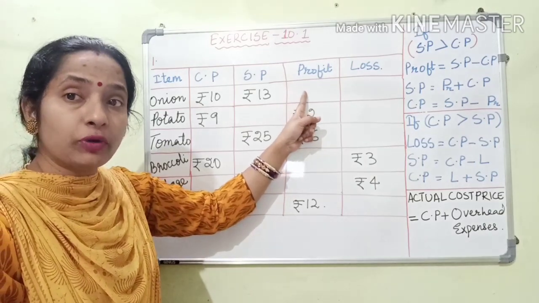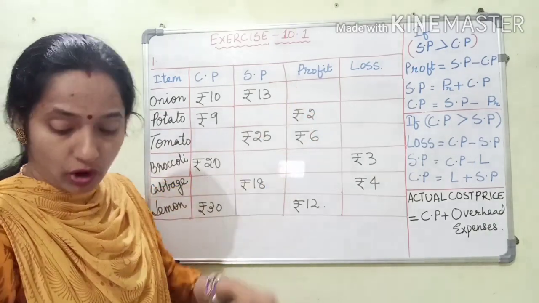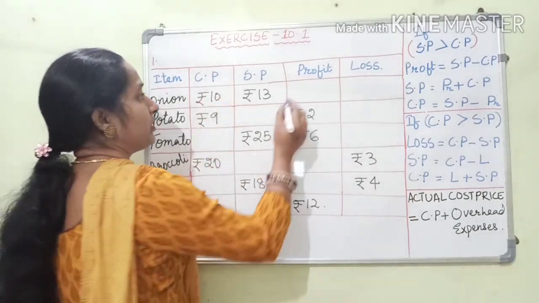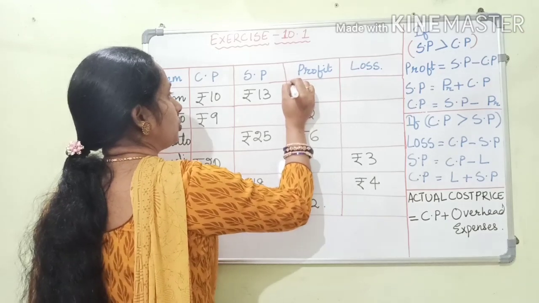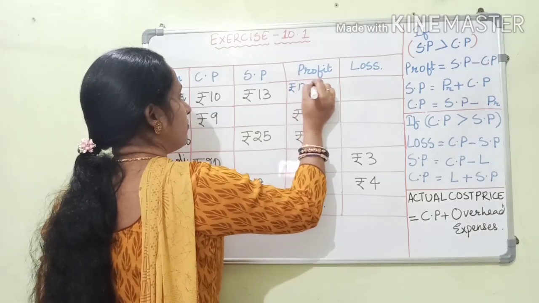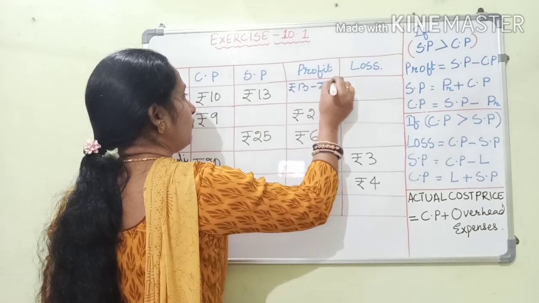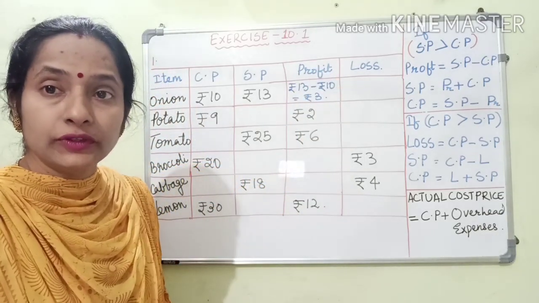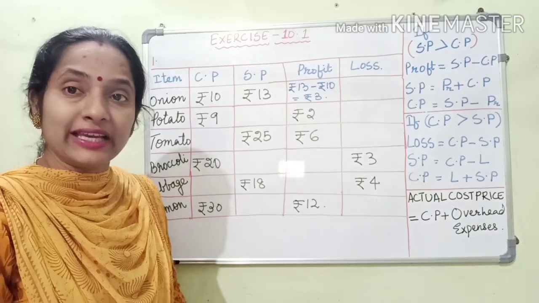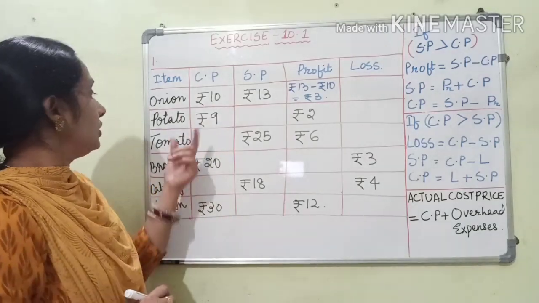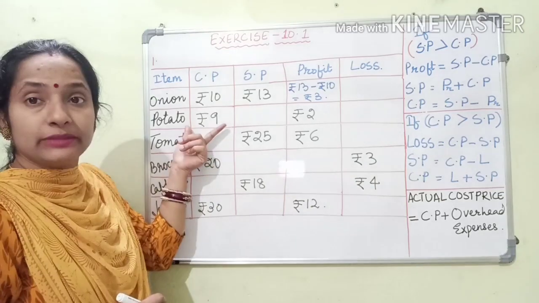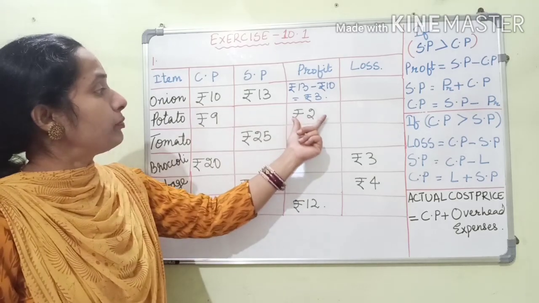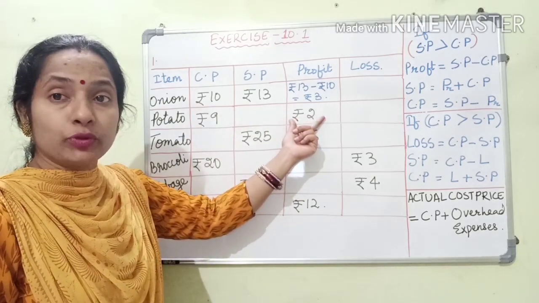Now how could we find the profit? We can find this profit simply by subtracting the cost price from the selling price. So rupees 13 minus rupees 10 will give you rupees 3 as the profit of Surinder by selling onions. Now let us come to the next item, that is potato. The cost price of potato is given and the profit of selling potato is given.